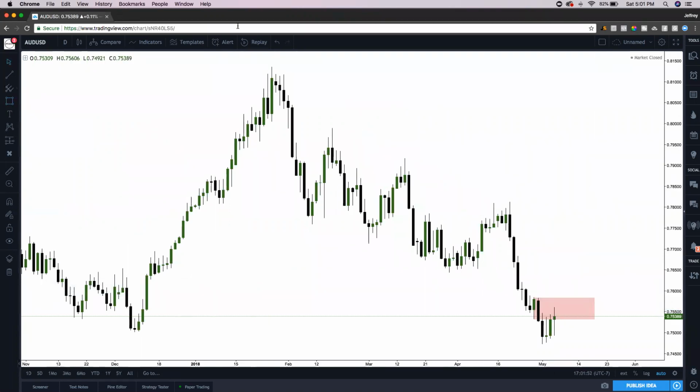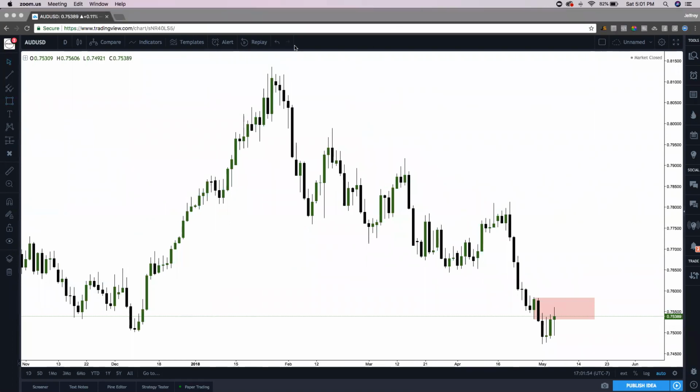this up candle right here is an ICT bearish order block. What makes it a bearish order block is once a down candle closes below it. You see how this down candle closes below it, Brenda?